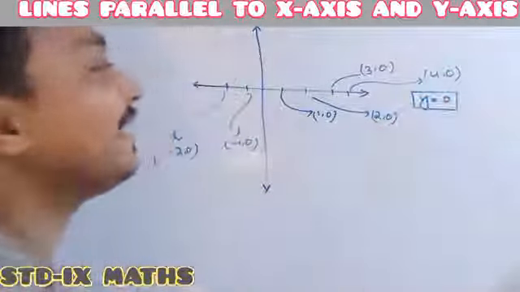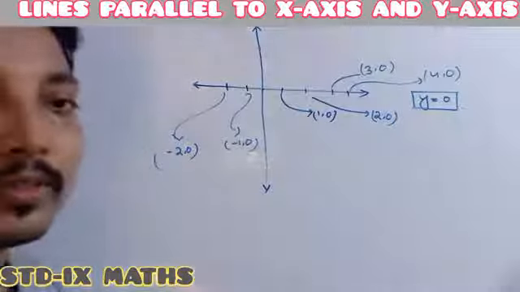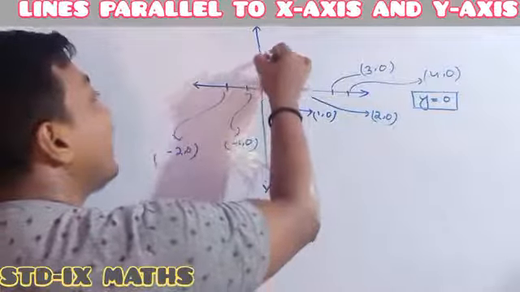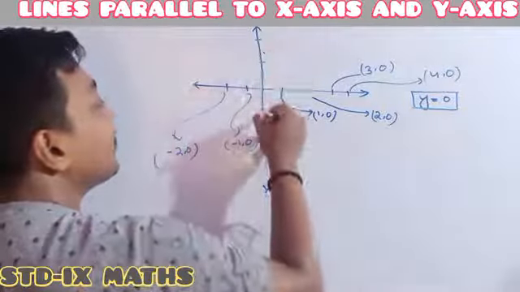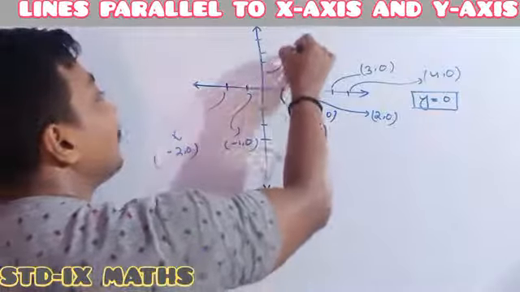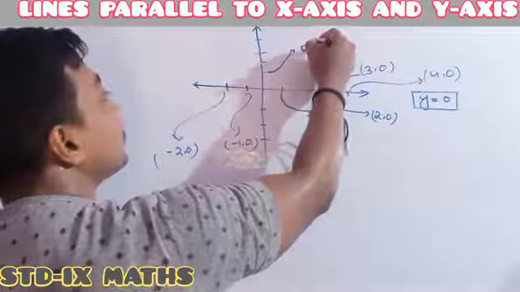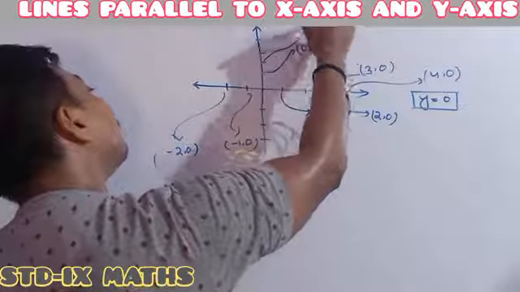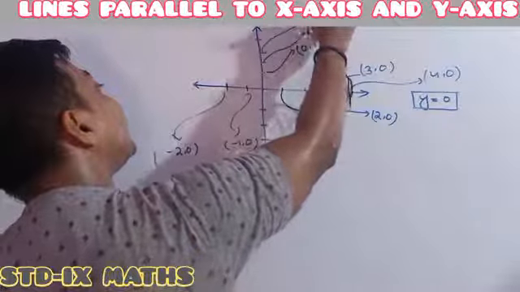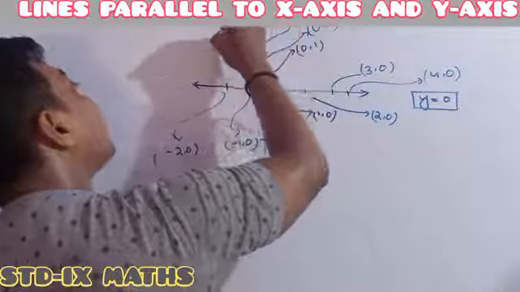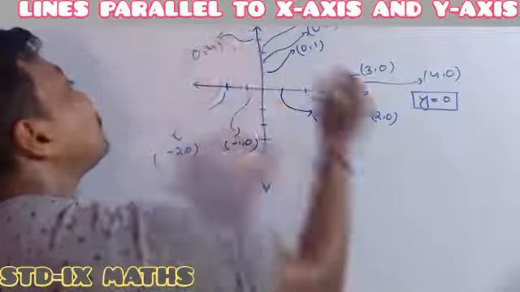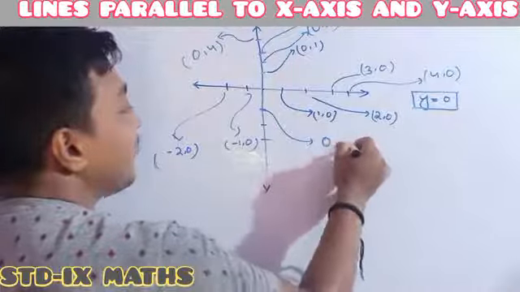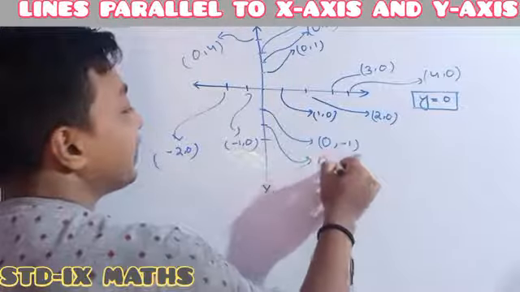In the same way, look at the points located on the y-axis. Their coordinates are (0, 1), (0, 2), (0, 3), (0, 4), (0, -1), and (0, -2).